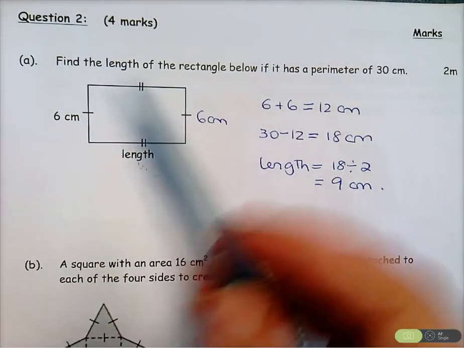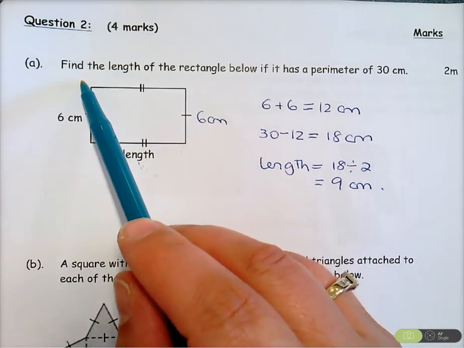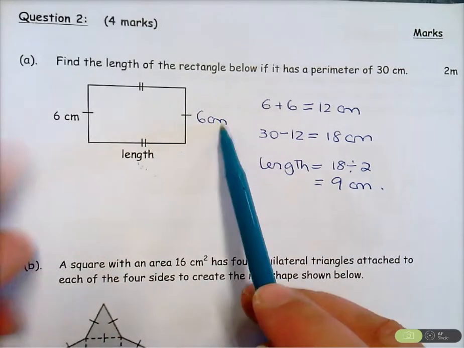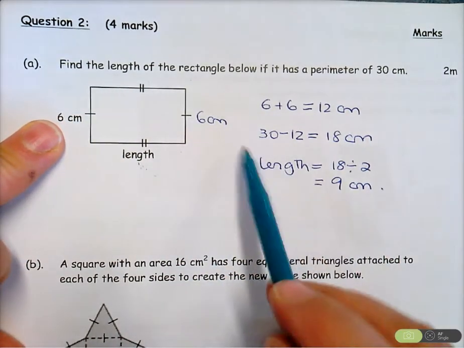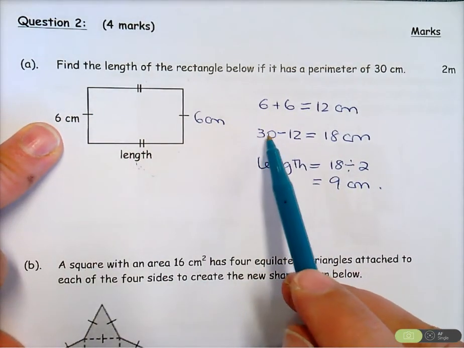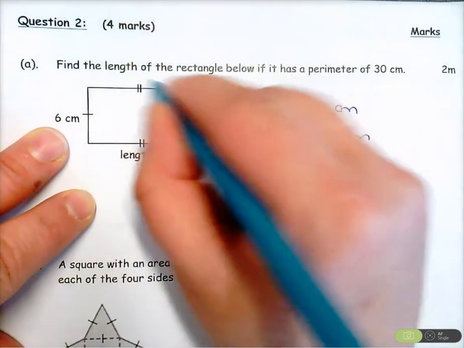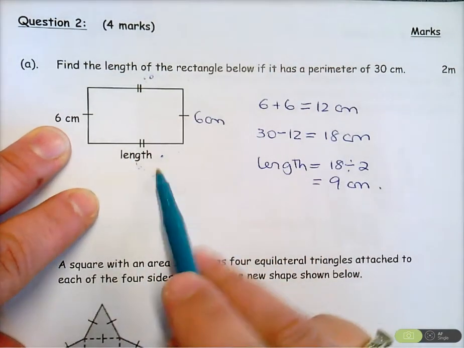Girls, the way you do it, if the whole perimeter is 30, that means the addition of the 4 sides is 30. Let's see how much we've already got. 6 plus 6 is 12. So far, I've got 12 centimetres. The whole perimeter is 30. 30 take away 12 is 18. So therefore, these two sides with dots have to add up to 18.